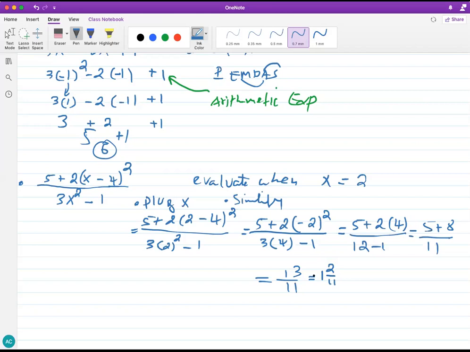What do we call this type of number? Proper fraction. This one is proper, and we turn it into? No, this is a mixed number. That's right, mixed number. This is improper. We turn it into a mixed number. And that's your final answer.